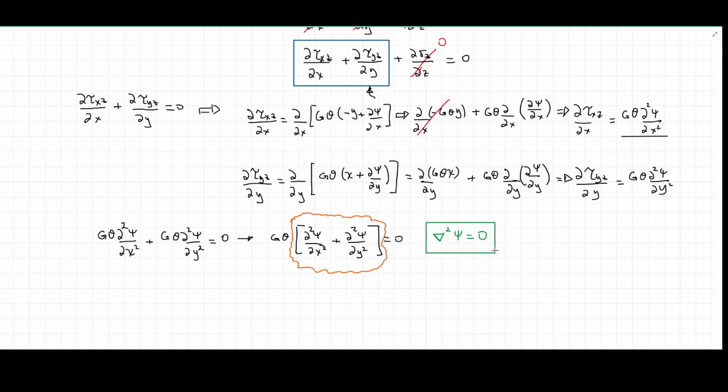For this to be equal to 0, it has only one solution, and that's that the internals of these square brackets are equal to 0. And because G and theta are always assumed to have certain values, so these are not 0, then this is extracted in this way. So this is something called the governing equation for torsion.